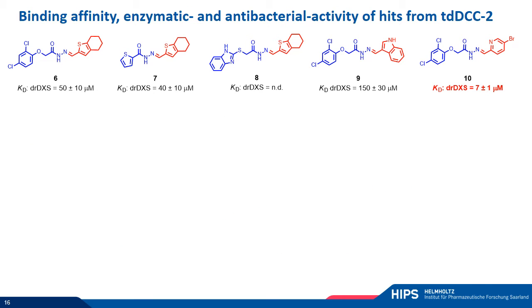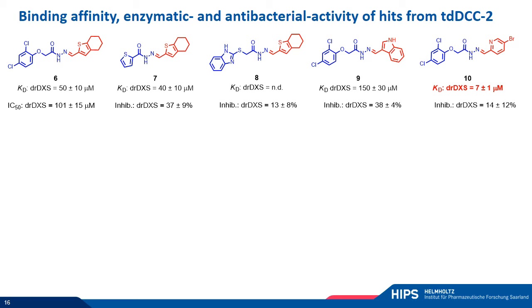So we synthesized all 5 new hits and evaluated their binding affinities for DXS by SPR. The KD values of these 5 hits were in the range of 7 to 150 micromolar, which is a significant increase compared to the first 5 hits from the first round of DCC.